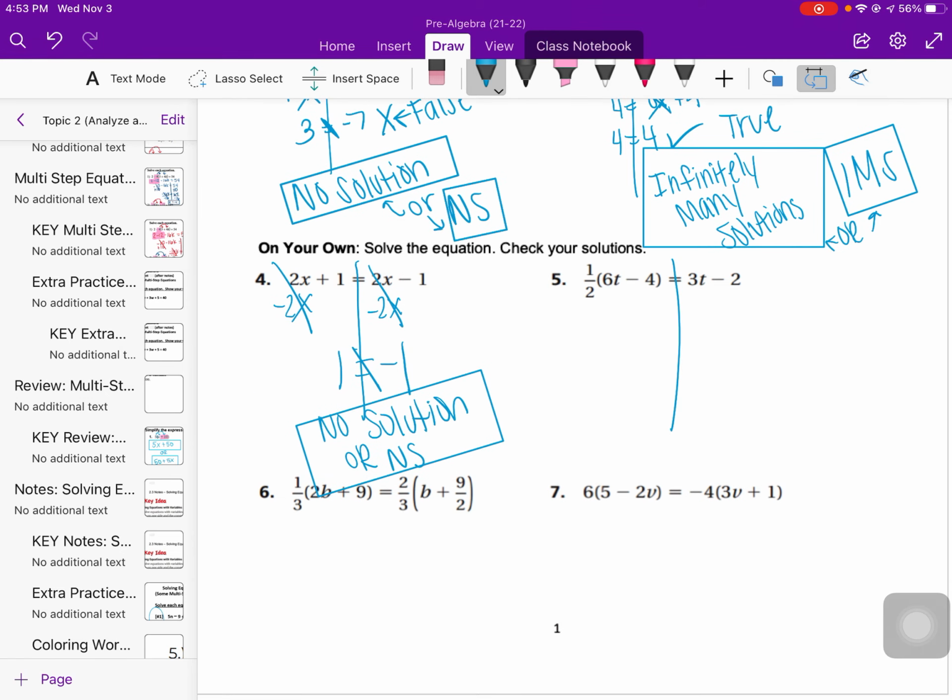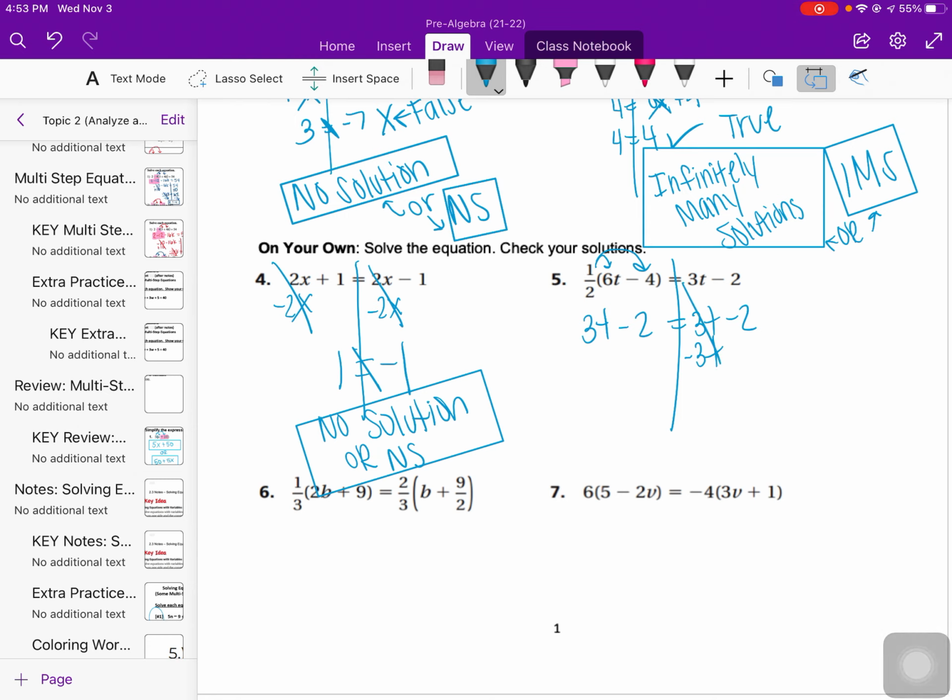All right, next one, I know I need to distribute. Some of you guys might recognize at this step, if the left and the right-hand side are identical, meaning that this term is positive over here, it's positive over here, this term is negative over here, negative over here, you might already be able to tell it's infinitely many just from this step, but I'm just going to keep going.